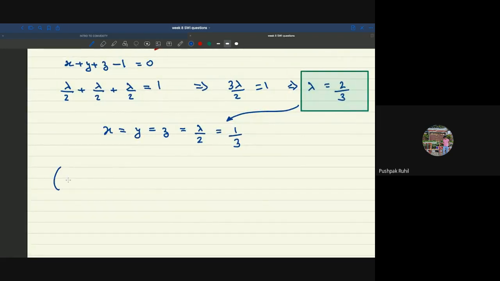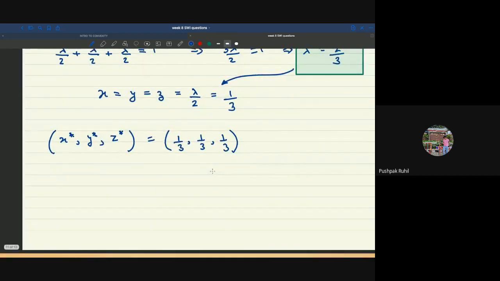So the optimal value, I'll write it as x star, y star, and z star, is 1 by 3, 1 by 3, 1 by 3. Okay, so this point is your minima.